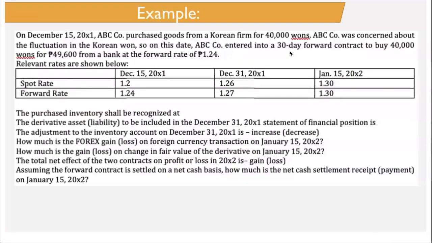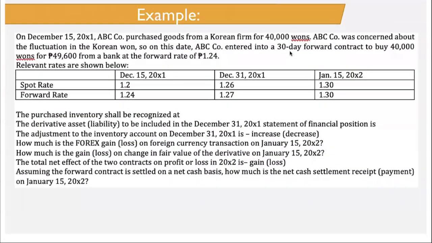purchase. Next example, purchase. On December 15, 20x1, ABC Company purchased goods from a Korean firm for 40,000 won. ABC Company was concerned about the fluctuation in the Korean won. So on this date, ABC Company entered into a 30-day forward contract to buy 40,000 won for 49,600 at a bank at the forward rate of 1.24.